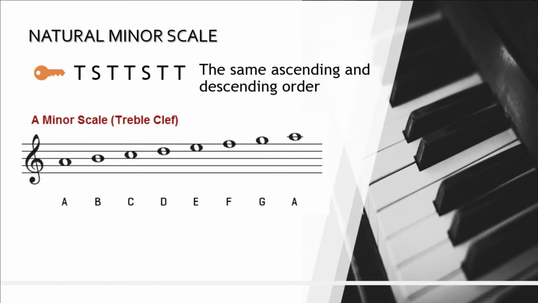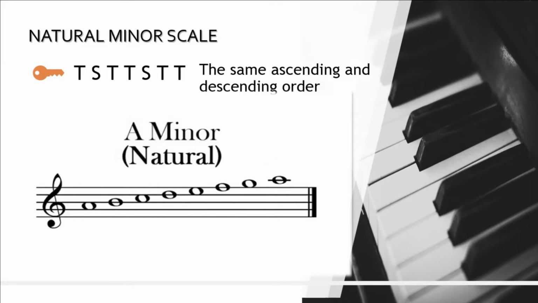For the A minor, it does not use any accidental, both in the ascending and descending order, because the A minor is the relative minor of the C major scale. Now let's hear how it's going to sound. Remember, the tonic will sound the 6th degree of the major scale, which means that the tonic sol-fa of the 1st degree of the natural minor of any minor scale will now be La.